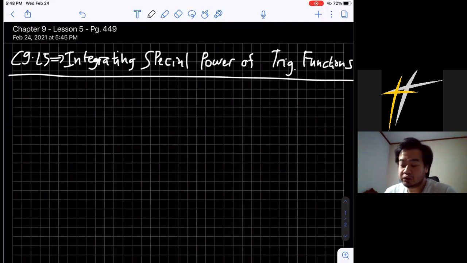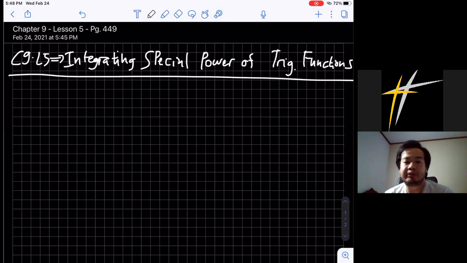So there will be a lot of combinations, there will be a lot of variations for this method, for this technique. So I'm going to take several meetings to discuss this method. Basically this method is used when you have an integral problem with a trigonometric function with a certain power.